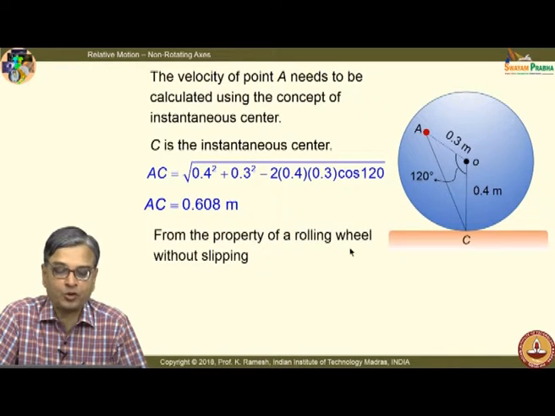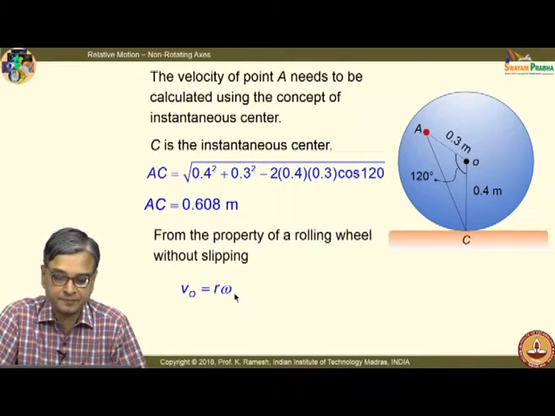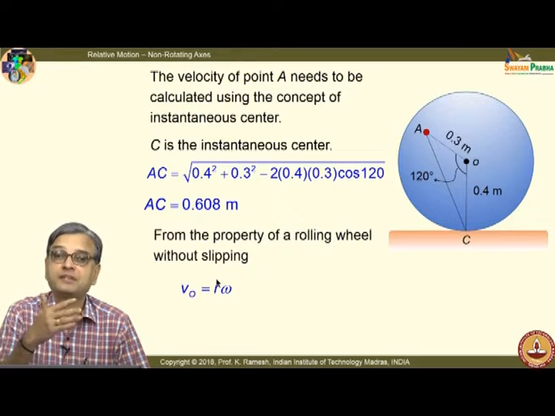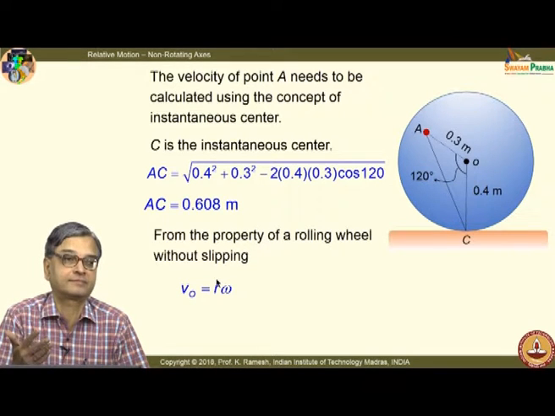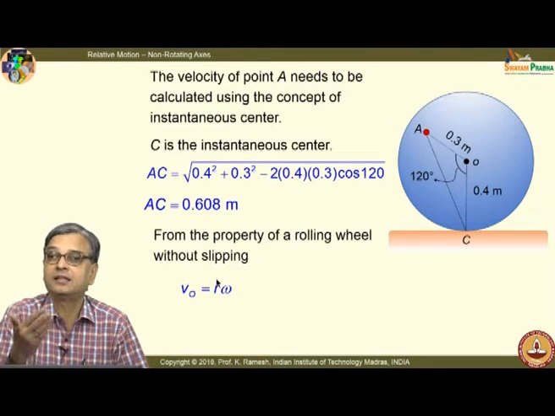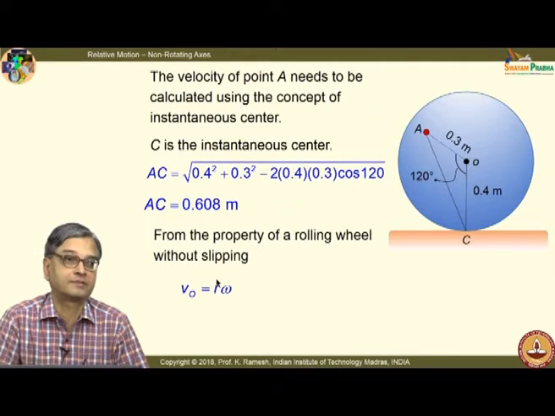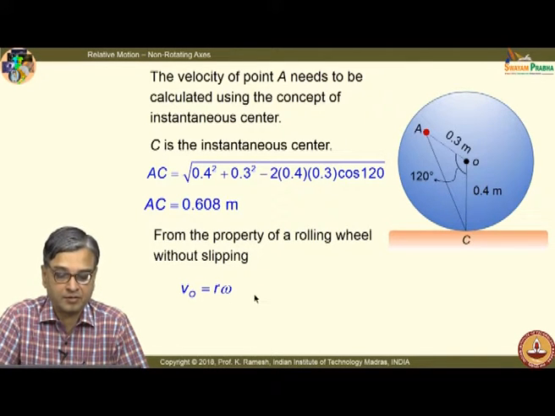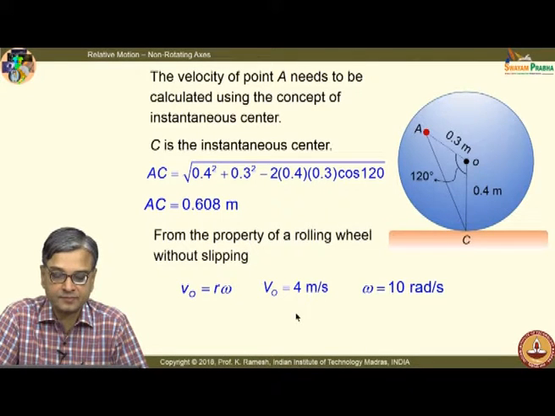From the property of a rolling wheel without slipping, that is very important, I know V naught equals R omega. You are expected to use this kinematical relationship when the problem statement says it rolls without slipping. So, you have to remember the property of rolling. V naught is 4 meters per second and omega is 10 radians per second.